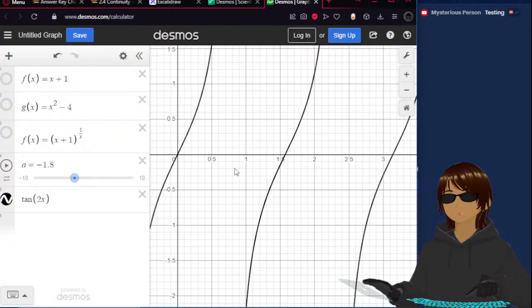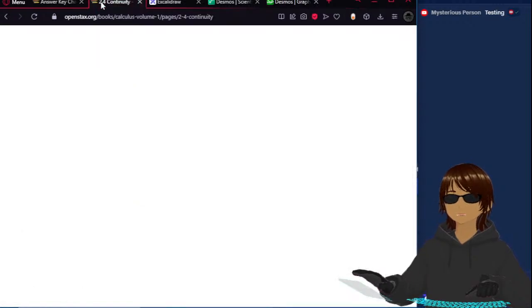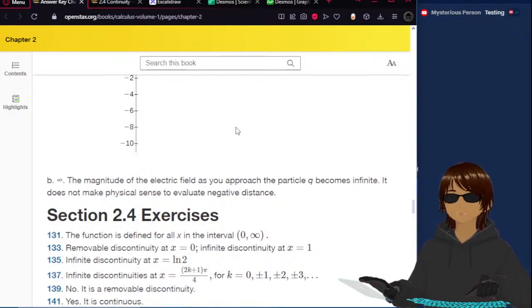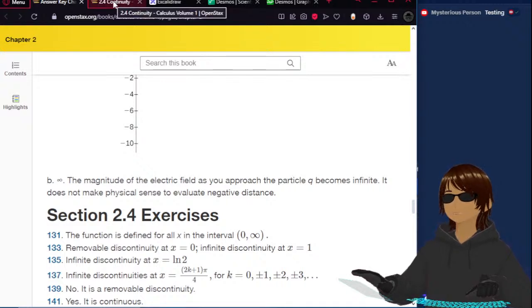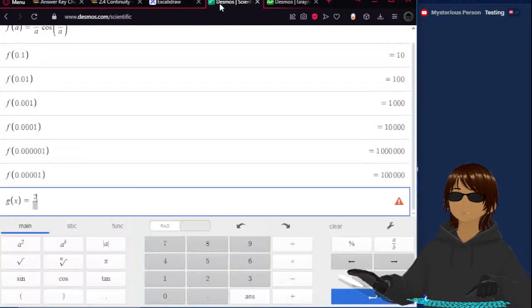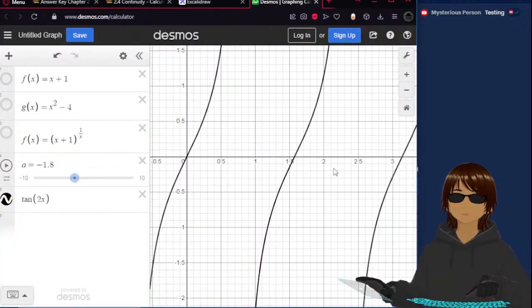Should be in radians. At pi over 2, I think. Yeah, pi over 2, 3 pi over 2. Hold on. Pi over 2, 3 pi.